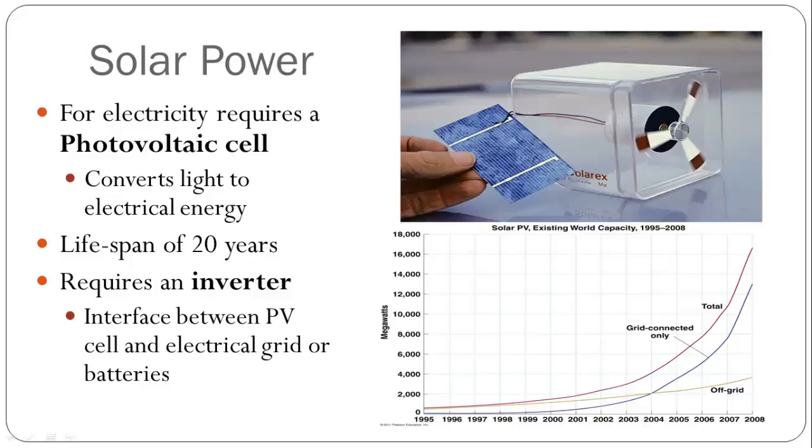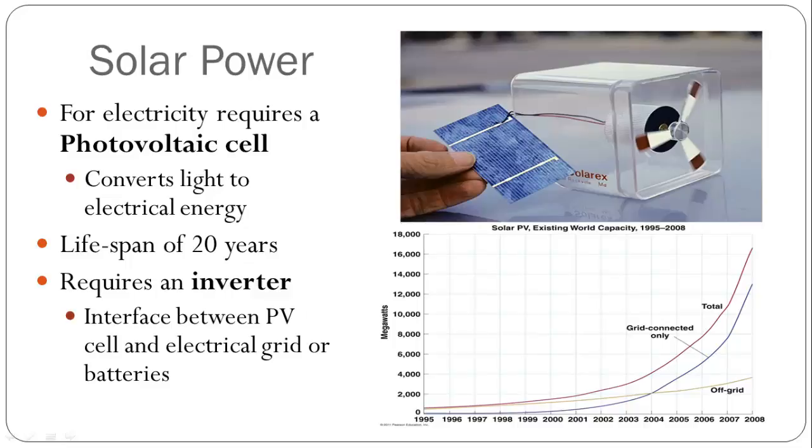In order for solar power to work, you need a photovoltaic cell. Okay, and here's one here, which converts light energy into electrical energy. These are relatively cheap. The cost of these is decreasing over time, and the lifespan of each cell is about 20 years.